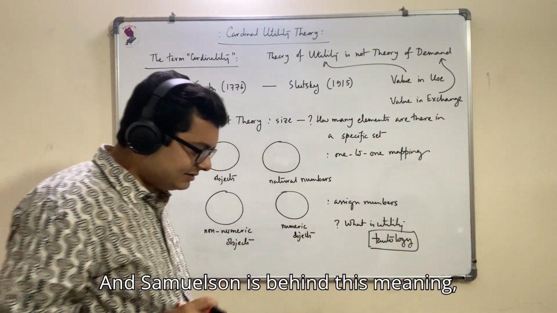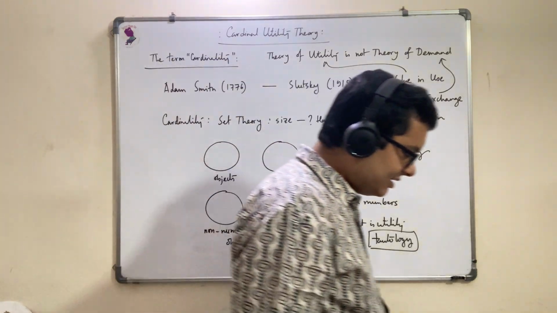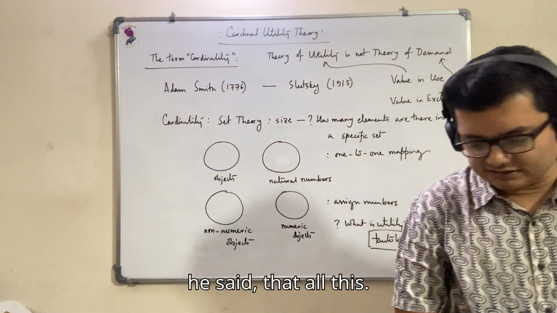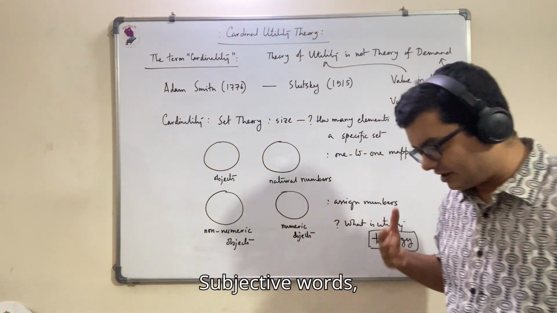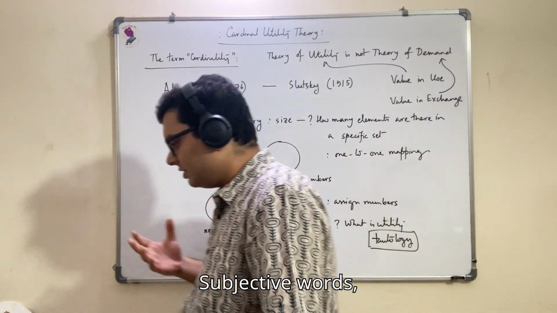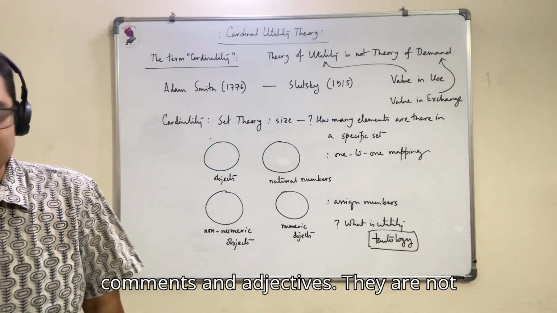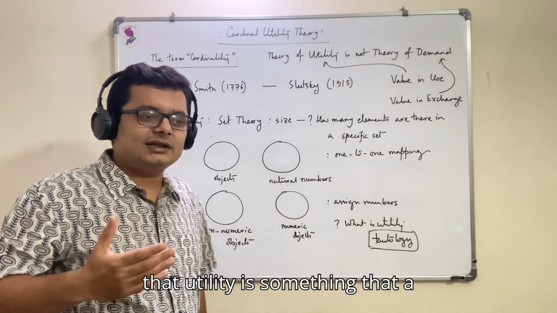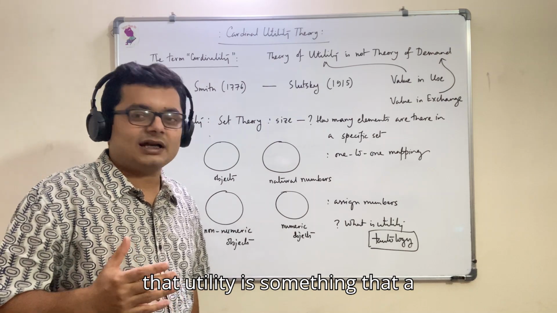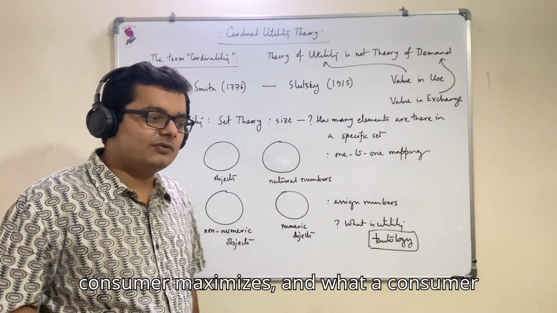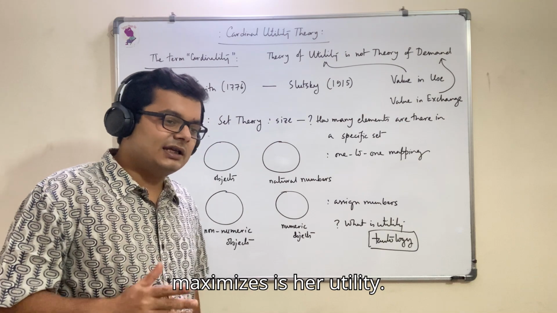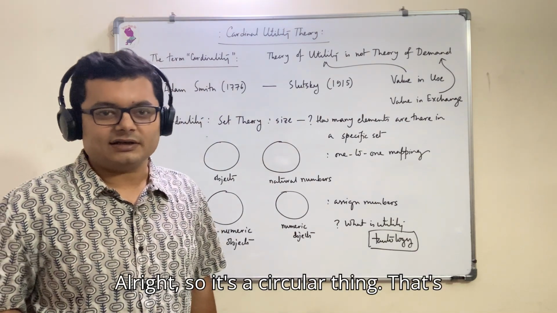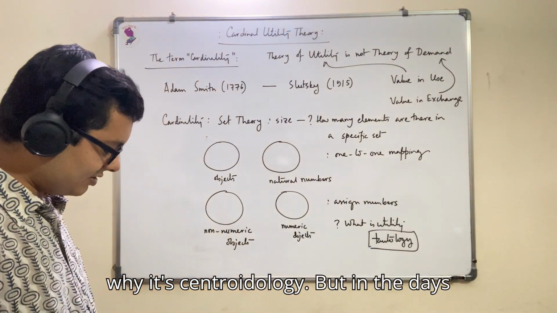And Samuelson is behind this meaning. He said that all these subjective words or comments or adjectives are not appropriate. Let us simply say that utility is something that a consumer maximizes, and what a consumer maximizes is her utility. Alright, so it's a circular thing, that's why it's a tautology.